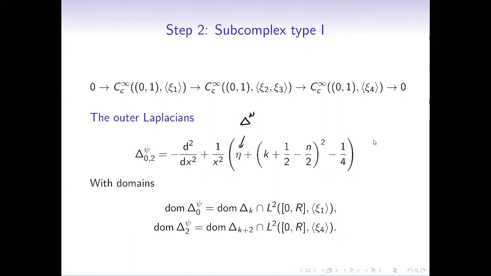Now you might notice this is a complex with 3 entries, and I've only shown 2 Laplacians, which is why I'm saying these are the outer Laplacians. There's also a Laplacian on this middle vector space, of course. You can compute it. I did. It's a 2x2 matrix because the middle thing is two-dimensional. And it looks something like, so delta 0 on the diagonals, which are just these guys.